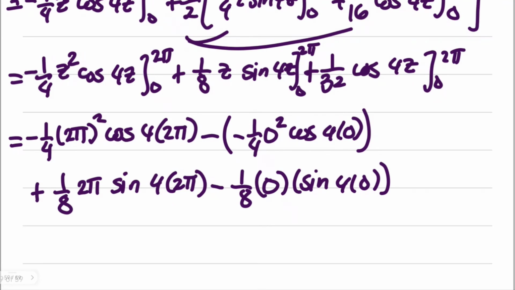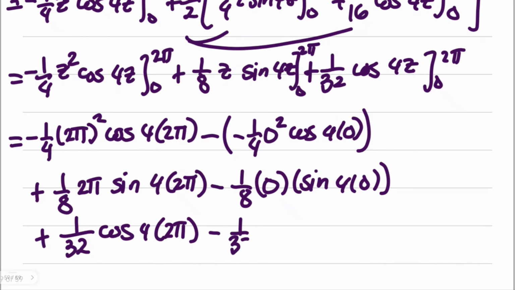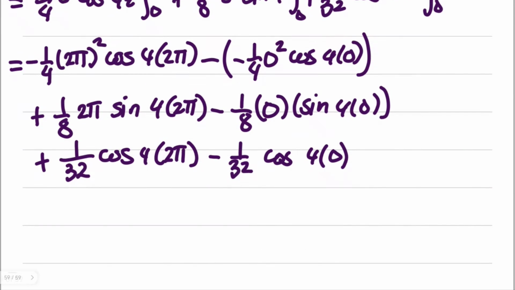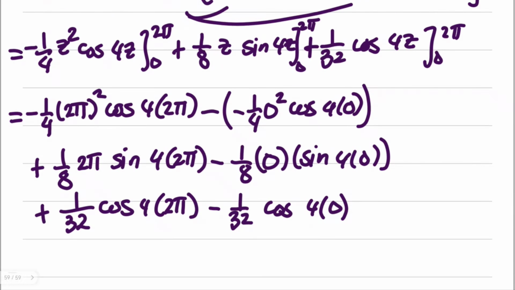For the third term, involving 1 over 32, 1 over 32 of your cosine of 4 times 2 pi, that's your z, right? Upper boundary, minus 1 over 32 cosine of 4 times 0. Okay, now, this has a 0 factor, so that's entirely 0.